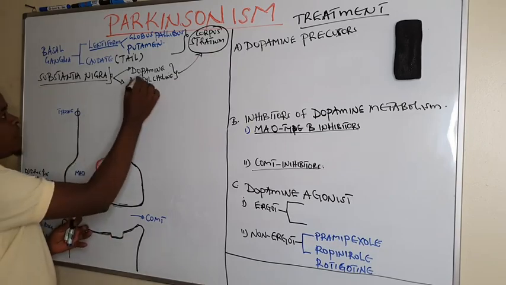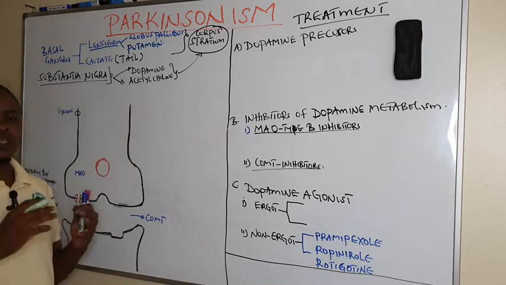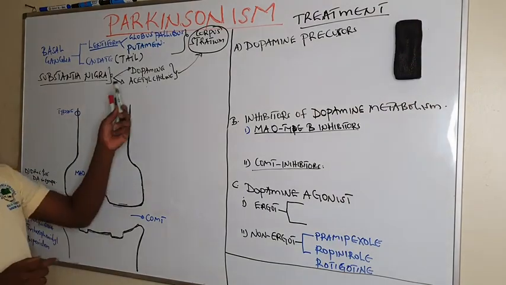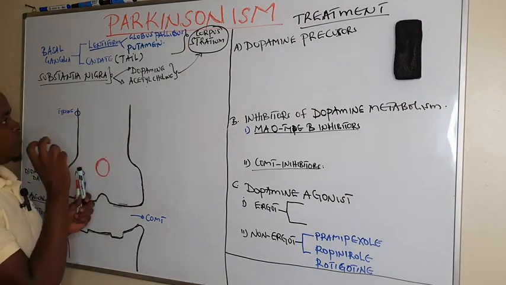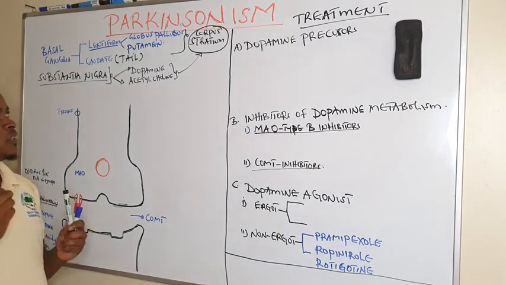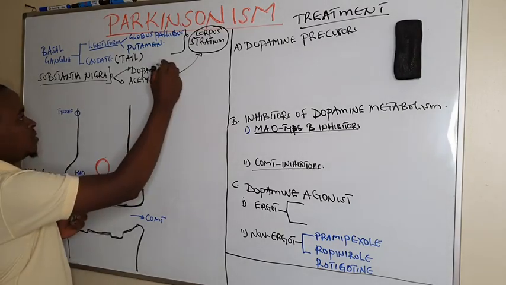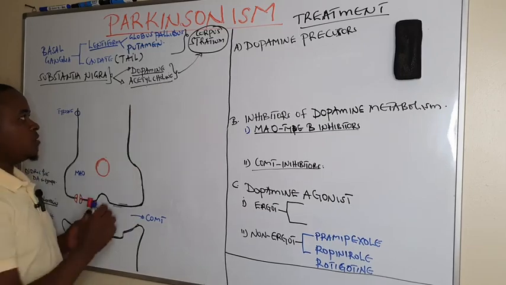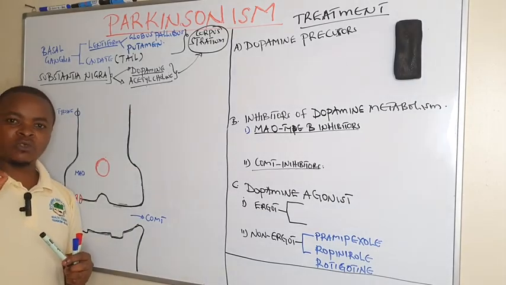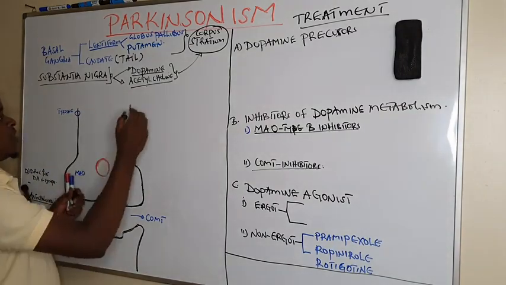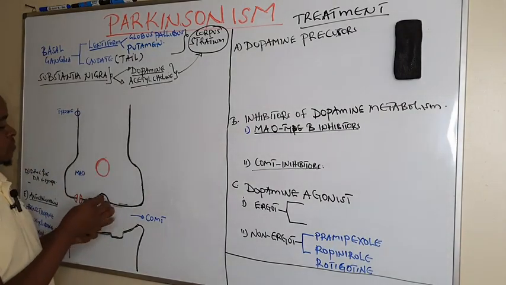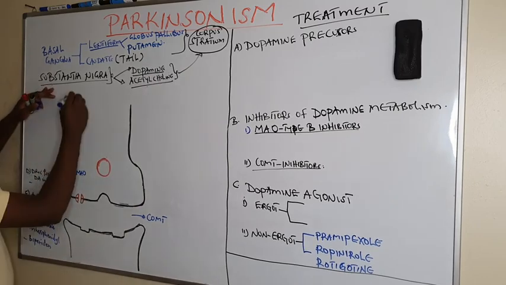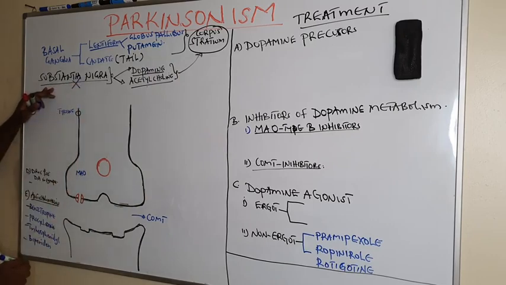And this dopamine and acetylcholine do what we call opposite reactions, whereby for the brain to be under balance, dopamine and acetylcholine should balance. So Parkinsonism comes in whereby this substantia nigra degenerates or fails to function.